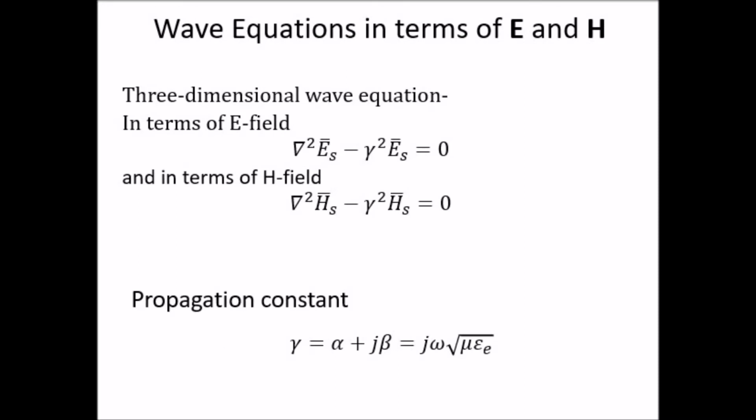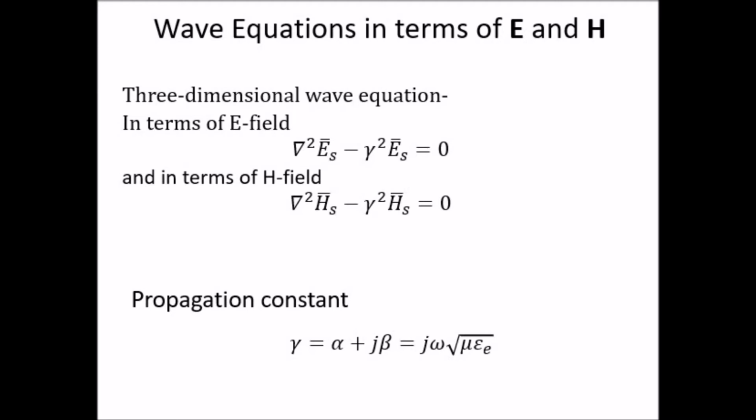Here you can see the three-dimensional wave equation in terms of E field, that is del square Es minus gamma square Es is equal to 0, and also in terms of magnetic field, that is del square Hs minus gamma square Hs is equal to 0, where gamma is called the propagation constant, which is a complex number and has a real part, the attenuation constant alpha, and the imaginary part, that is the phase constant beta.